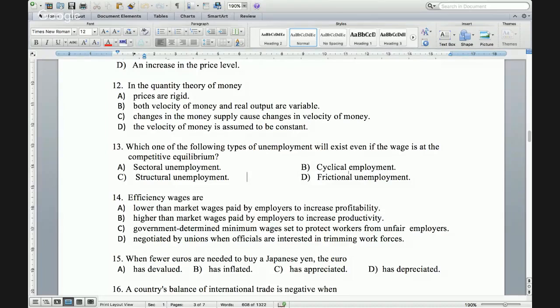Cyclical unemployment is where it follows the business cycle. So if you have a boom period, you have less unemployment, and you have a recessionary period, you have more unemployment. Okay, so wage levels could actually change as a result. Structural unemployment is more your long term, whereby you might have an industry that ends up being closed down.